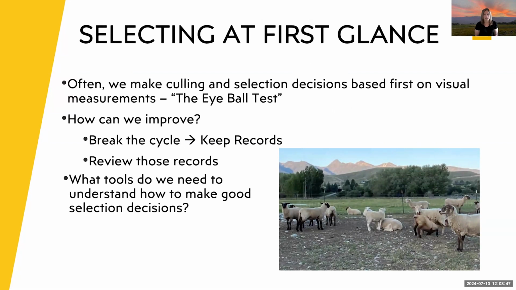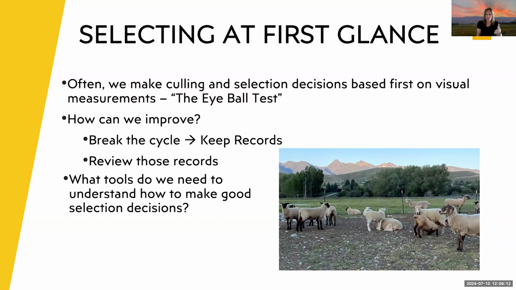So the biggest thing that we see a lot is that eyeball test, right? We have all these animals that are born and we like the way that they look, and so we choose them. Maybe it's based on they were born first, or maybe they just have a nice conformation, or maybe their mother, you remember her being a good mother, that kind of thing. And we do that a lot, and it's really hard to break that cycle.